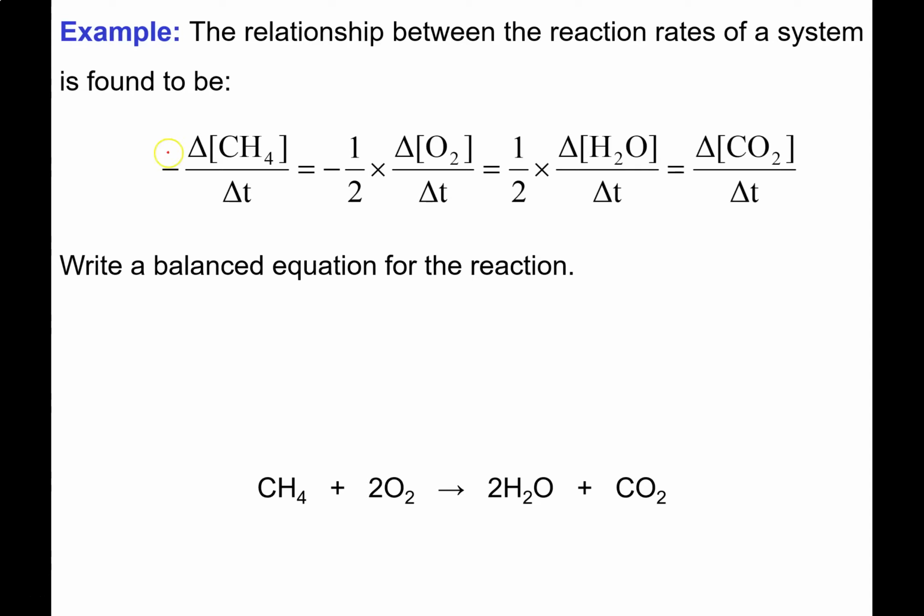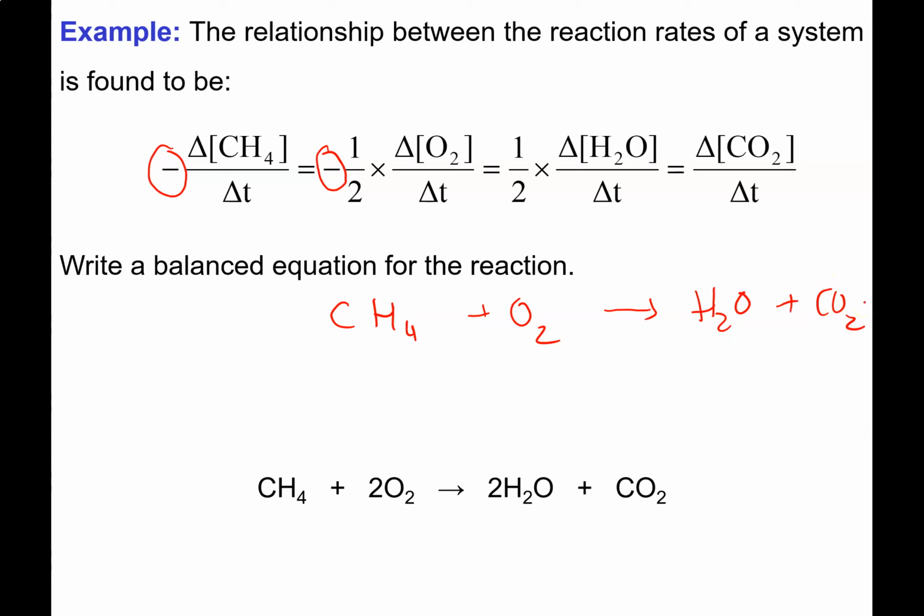And what I know is that the reactants are always going to have minus signs out the front there. So methane is a reactant and O2 is a reactant. The products of this reaction are water and carbon dioxide, and you can see that they don't have a minus sign out the front of their rate expression.